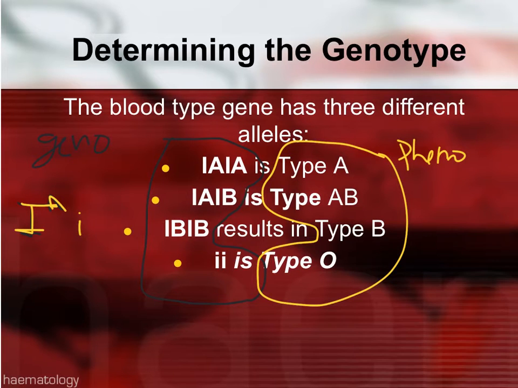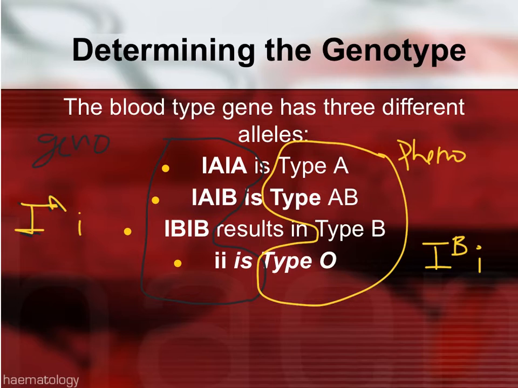And so this will still give us that phenotype of type A blood. Over here, the only way to get type AB blood is going to be if we have an A allele and a B allele. Here we have BB, which gives us type B, but you can also have it where we have a B allele and an O allele.